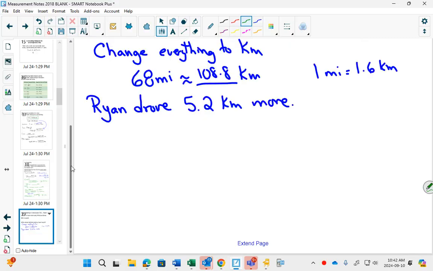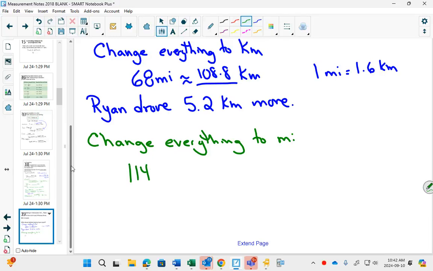Strategy number 2, another group says, let's change everything to miles. So I need to figure out what 114 kilometers is in miles.